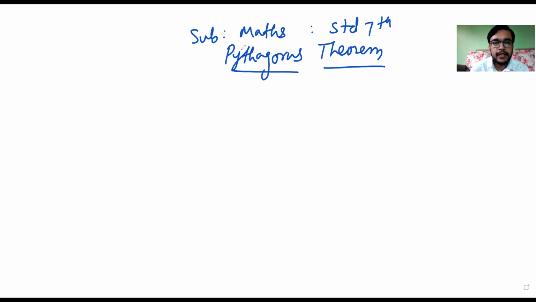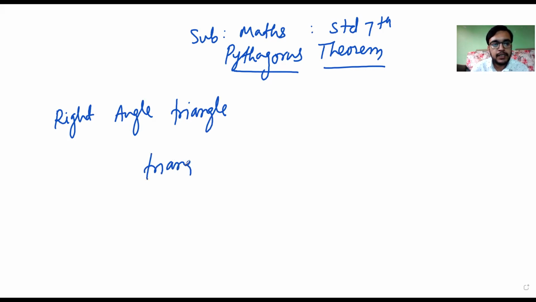For that, we must first understand what is meant by a triangle. And a special type of triangle, that is a right angle triangle. So before understanding right angle triangle, we will understand what is meant by triangle.